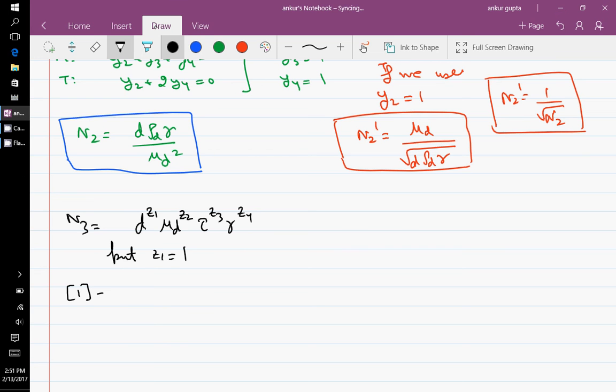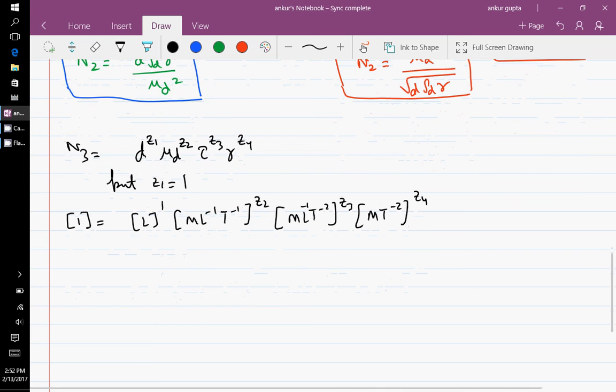And your equations will become length raised to the power of 1, ml^-1 t^-1 raised to the power of z2, tau is ml^-1 t^-2 raised to z3, and mt^-2 raised to z4.